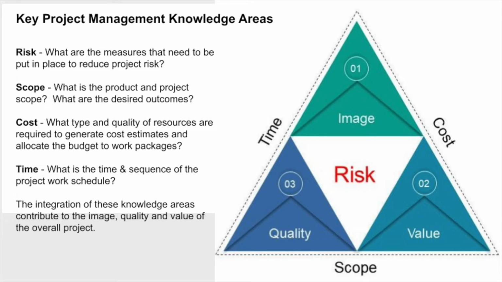From a cost perspective, what type and quantity of resources are we required to generate the estimates and allocate a budget for work packages? From a time perspective, what time and sequence of project work schedule do we need to put in place? So we've got to really integrate all of those knowledge areas together in order to be able to complete the project. So time, cost, and scope all have an integrated concept with risk.